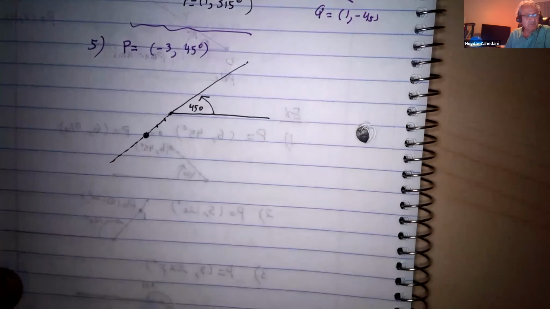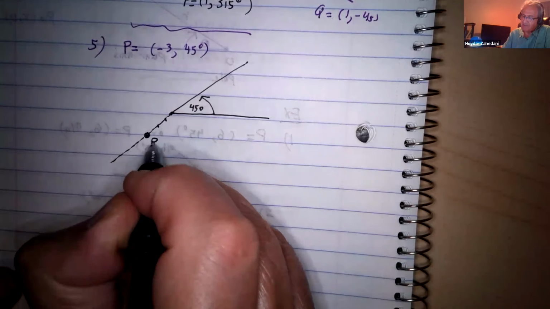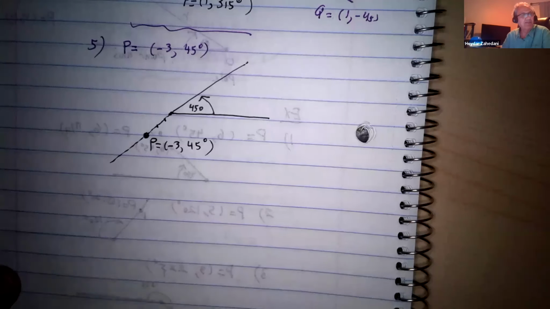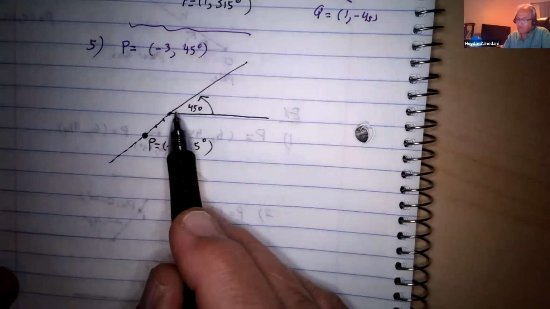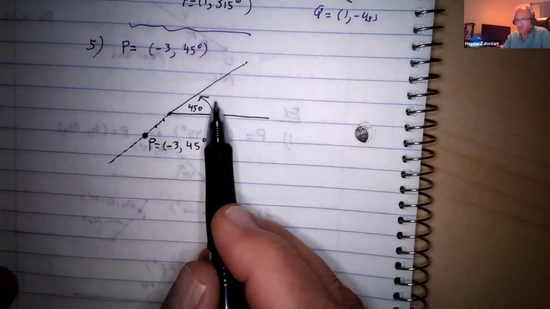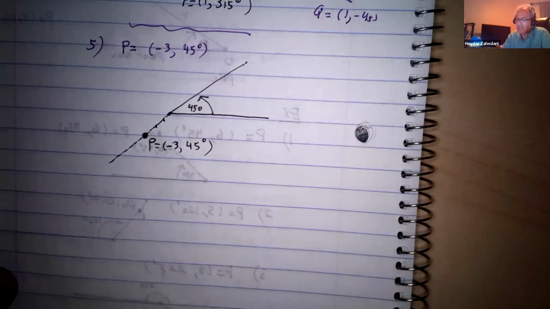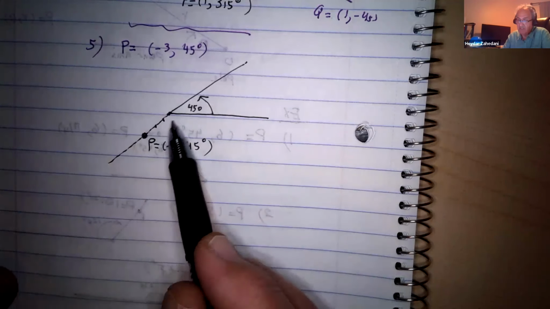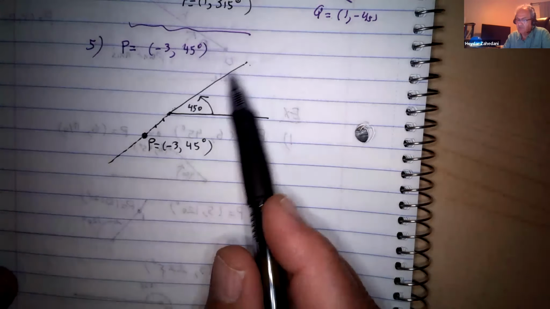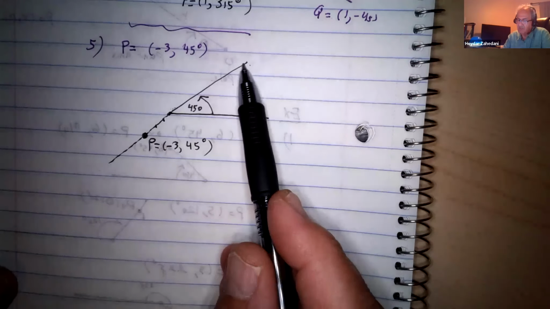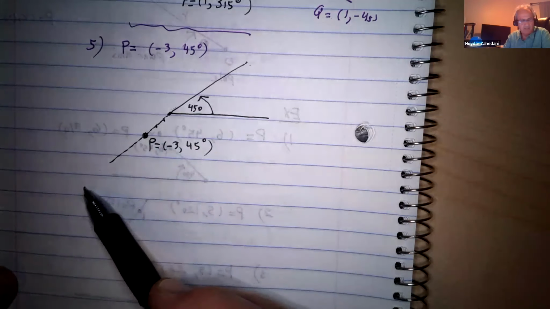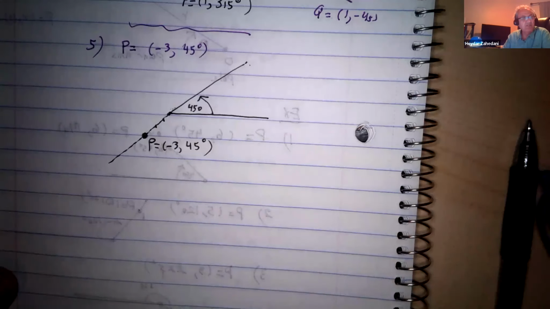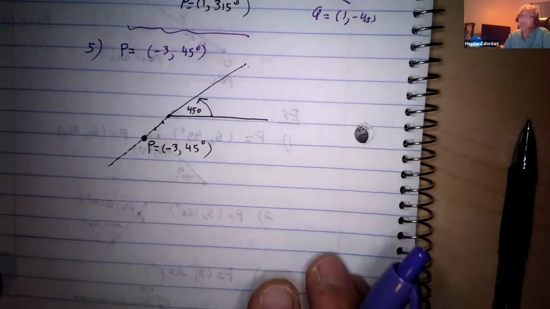So this point would represent P, which is -3 and 45 degrees. Okay, so when r is positive, you pick it in the direction of the angle, the terminal side. If r is negative, you have to go to the other side, because it's like +3 and -3 if you think about this line as the horizontal line. Okay, so this is the situation for identifying the points.